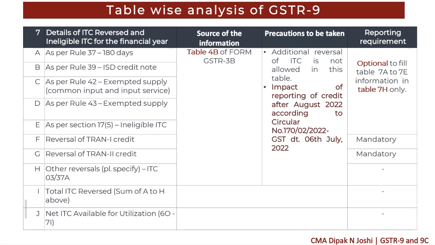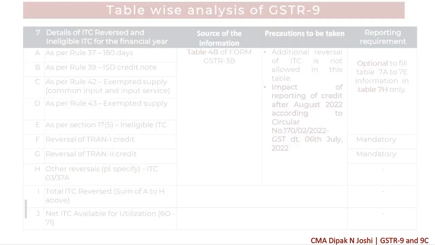You are not allowed to make the additional reversal through this table. So additional reversal of ITC is not allowed in this table. Again, impact of reporting of credit according to circular number 170/02/2022 should be considered while reporting details in table 7. That is very important.